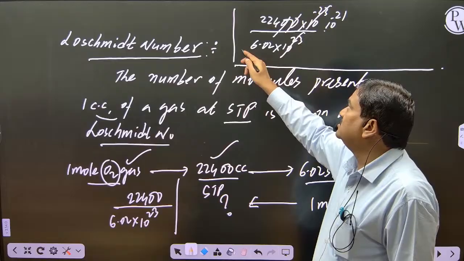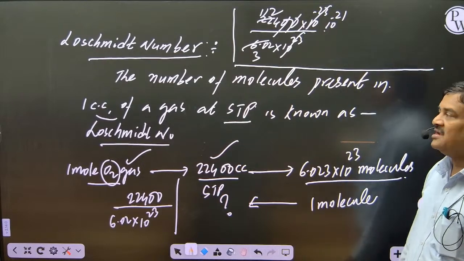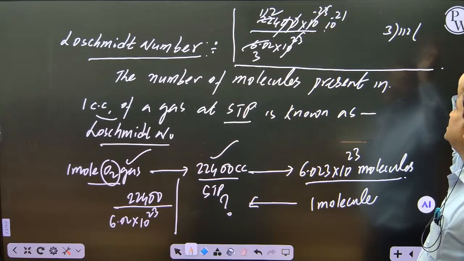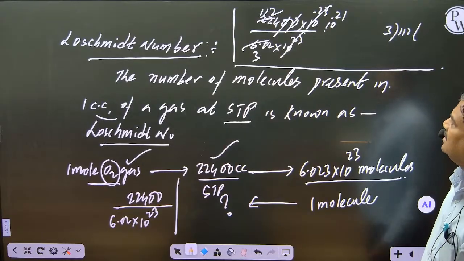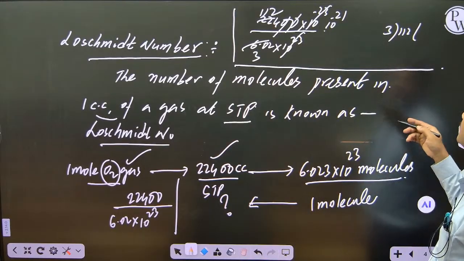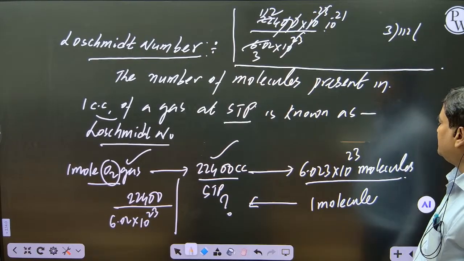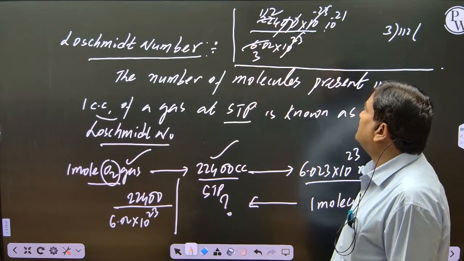Because 6.02, 2 3s are 6, 2 1s are 2, 2 2s are 4, so divide 112 upon 3 in the rough work. When you divide 112 upon 3, how many times will it go?